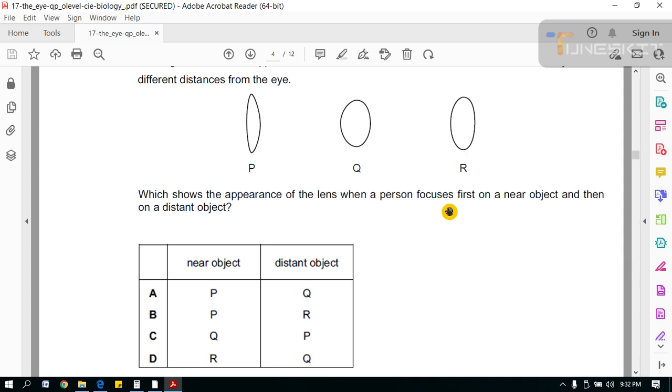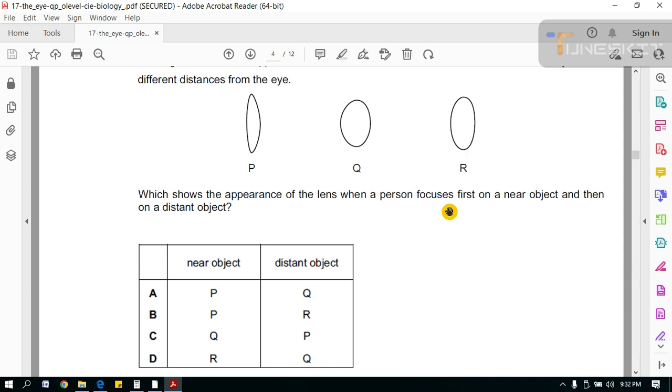So the second part is the distant object. When you see things at a distance, the lens becomes thin, when it becomes dilated, right? So here option P is correct.